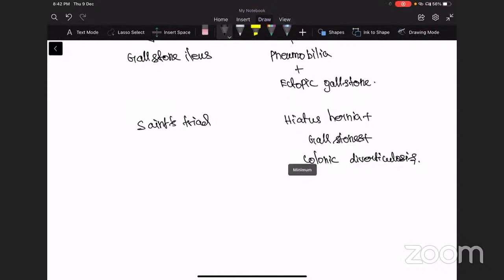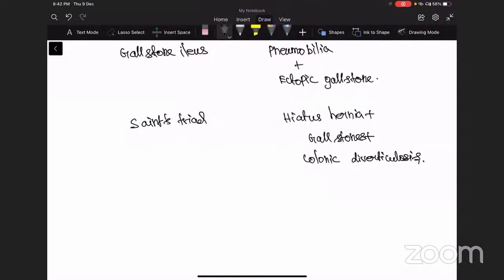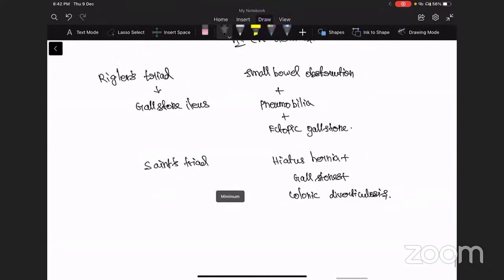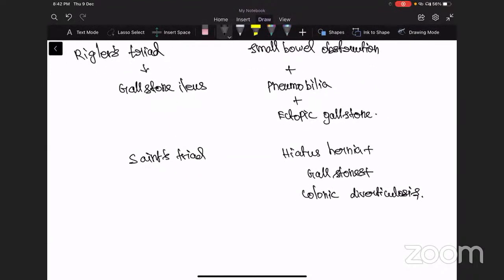They can ask you any one of these. Rigler triad: gallstone ileus, small bowel obstruction, pneumobilia with ectopic gallstone, whereas Saint triad: hiatus hernia, gallstones, and there is colonic diverticulosis.